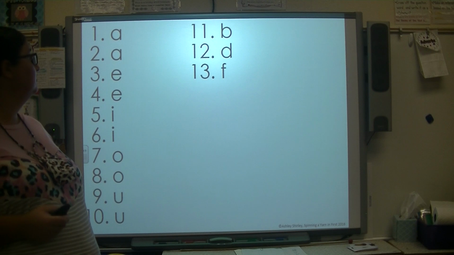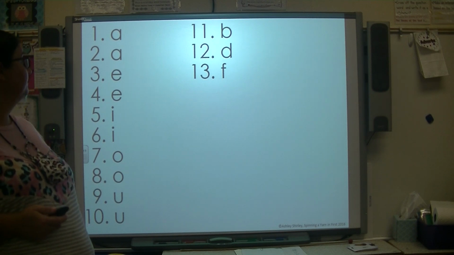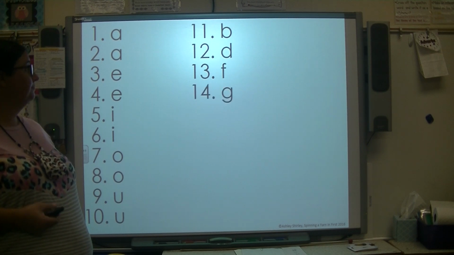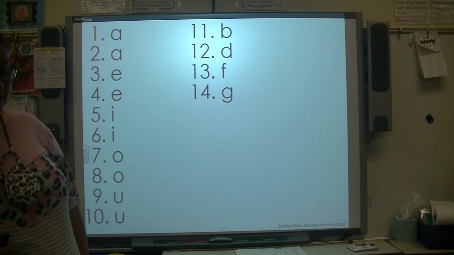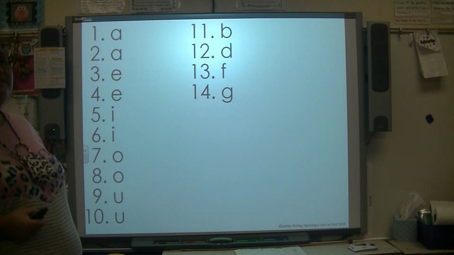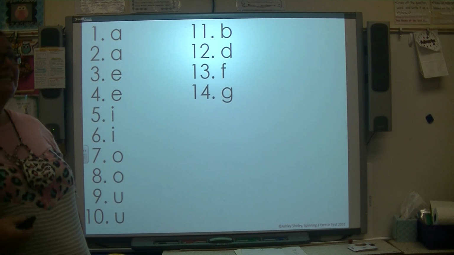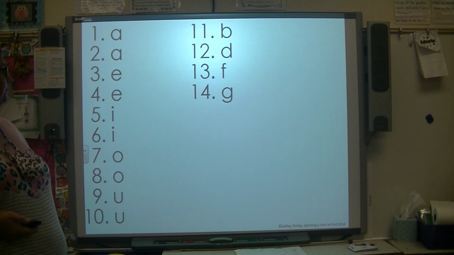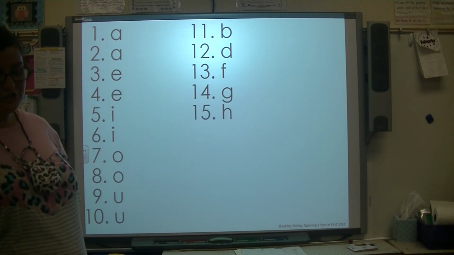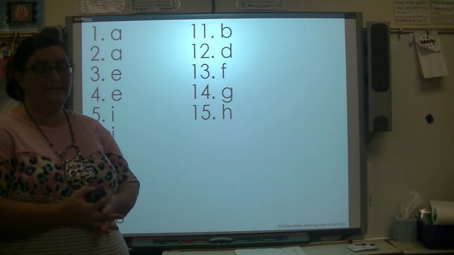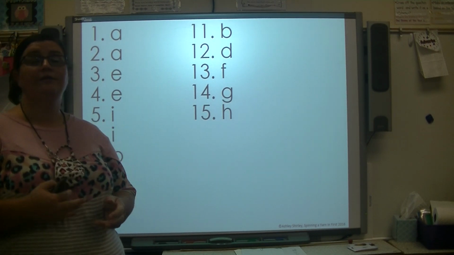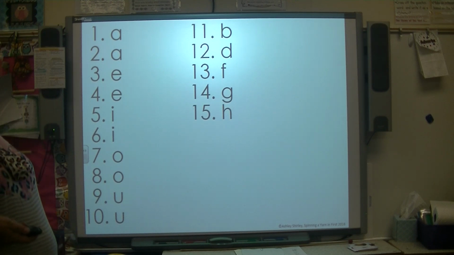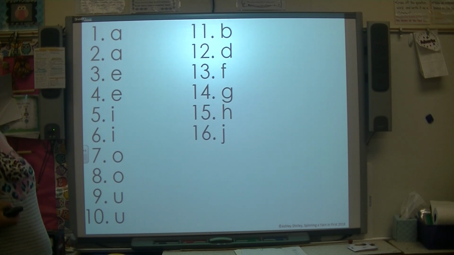G. G. G, as in goat. Number 15. As in hat. The letter H. Number 16. J. J. J as in jar.